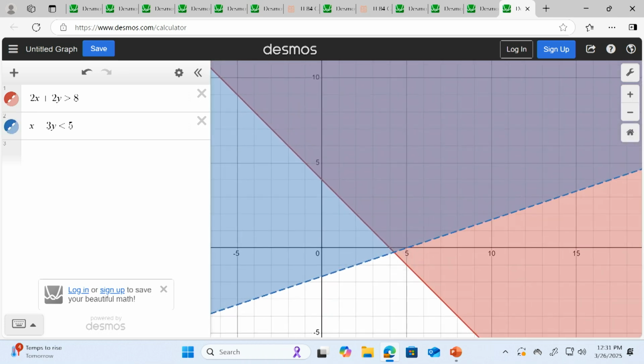All right, does yours look like mine? Remember, the possible answers to this system of inequalities are going to be in that big purple portion.